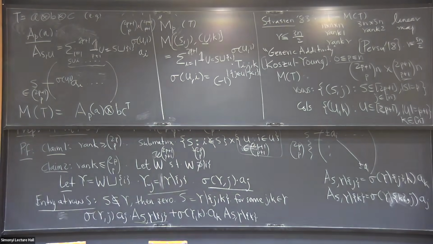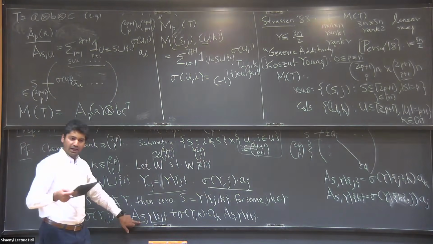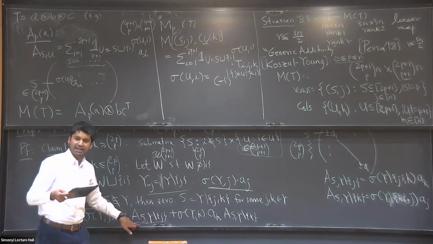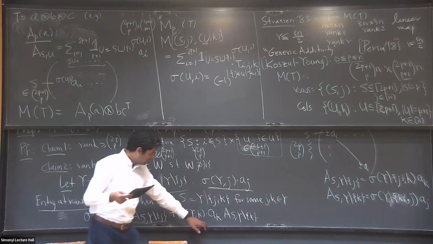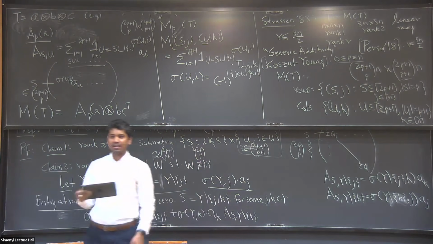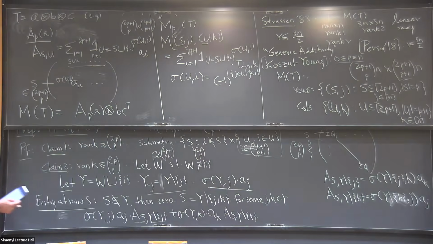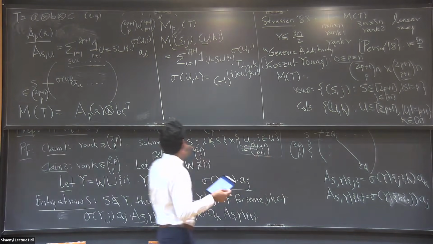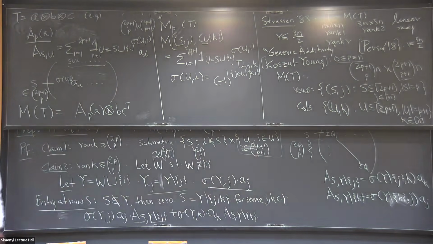I just literally wrote down what the entries are. Remember, the symmetric difference of Y minus J and S is exactly the element K. The symmetric difference of Y minus K and S is exactly the element J. So I wrote down exactly what the entries are according to this rule.